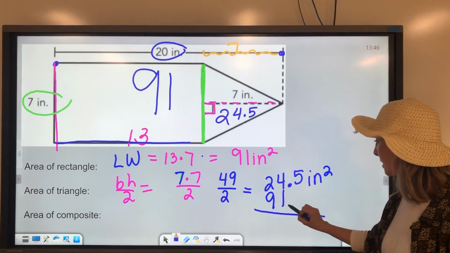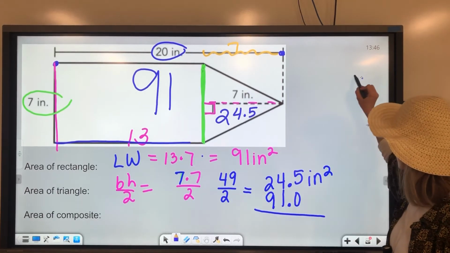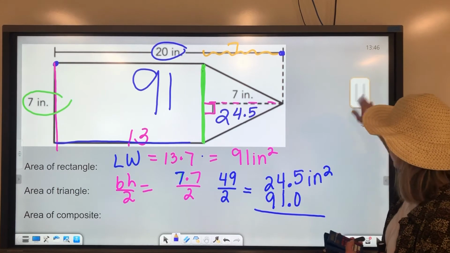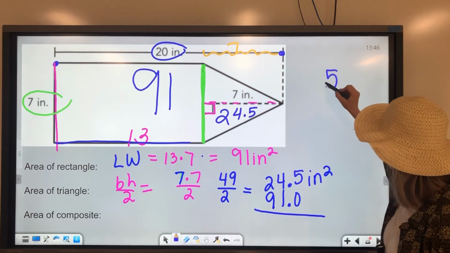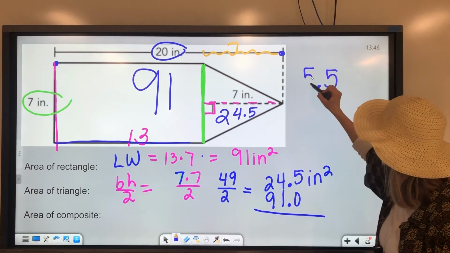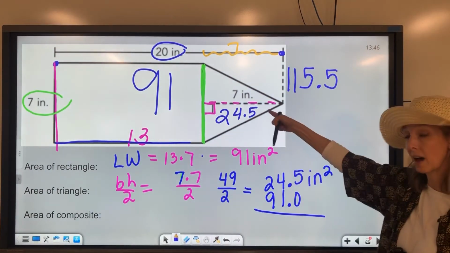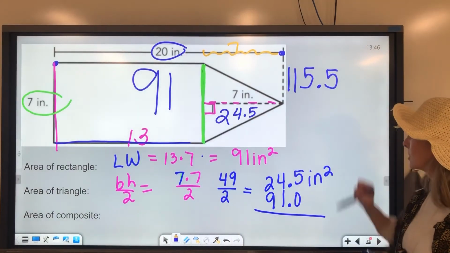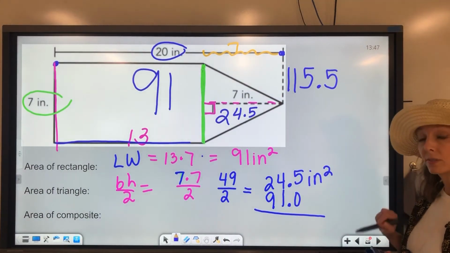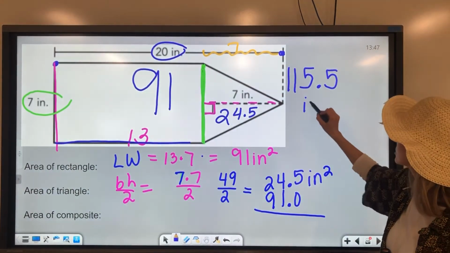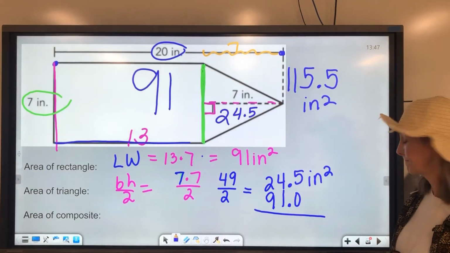So let's go ahead and do that. Scoot this over a little bit. 24.5 plus the 91, I get 115.5 inches squared.